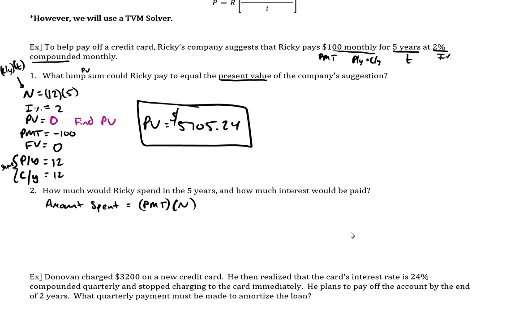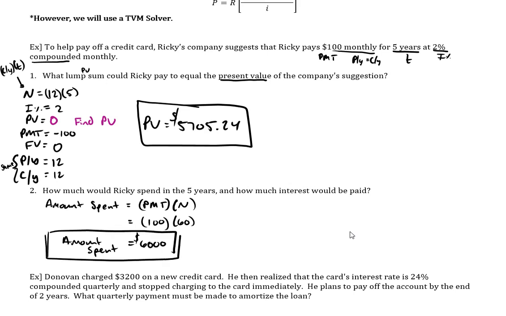So it is just your payment times your n. And on this we would use positive 100. The n was 60. 12 times 5 was 60. And so we can see it's $6,000. Okay, so there's our amount spent.